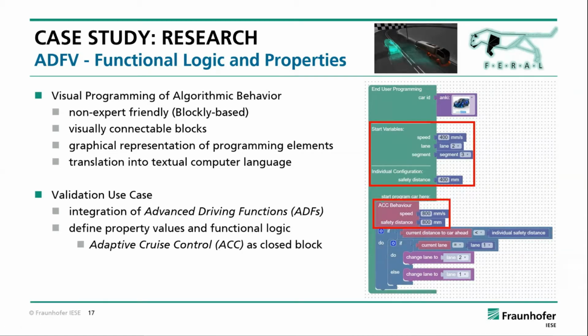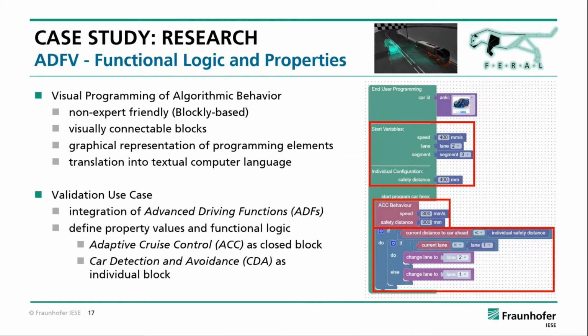For example, in the red block, the ACC behavior is specified with respect to speed and the safety distance. The units are millimeters and millimeters per second. It's different because our world is defined like that: distances are measured in millimeters, and speed in millimeters per second and not in meters per second, to also use integer values here.